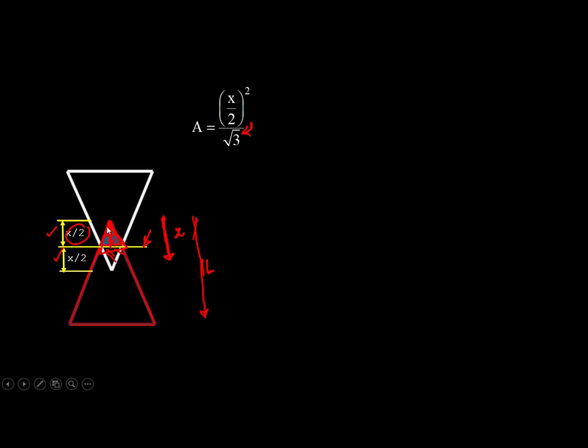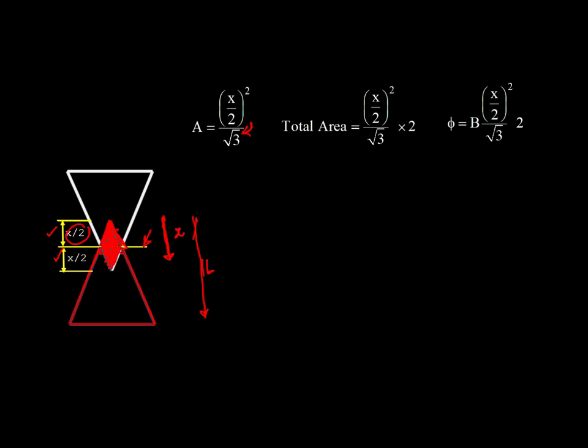So area of this triangle is this much and since there are two triangles in it, so total area of this coil which is inside the magnetic field, so this area which has entered into the magnetic field, will be twice of this total area and if we multiply by B, we'll get flux, so B into area, and the EMF is minus d phi by dt, as we know.